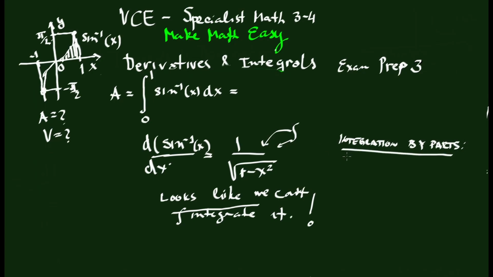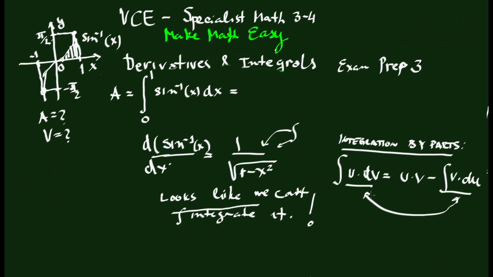And it states that generally an integral of u times dv equals u times v minus integral of v times du. So notice here that they change places.